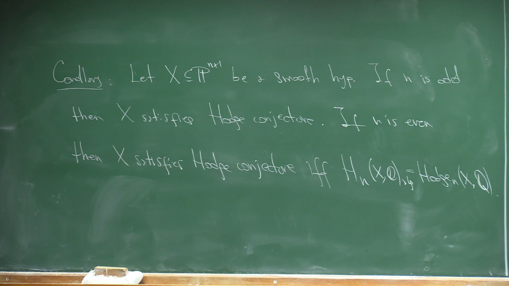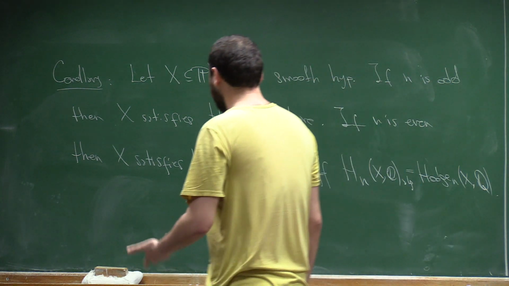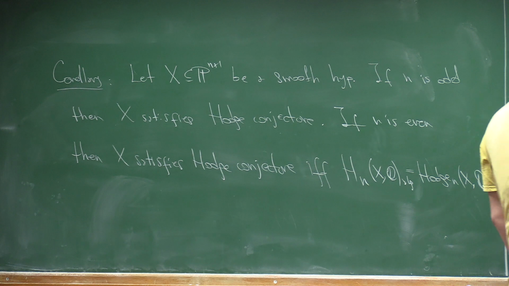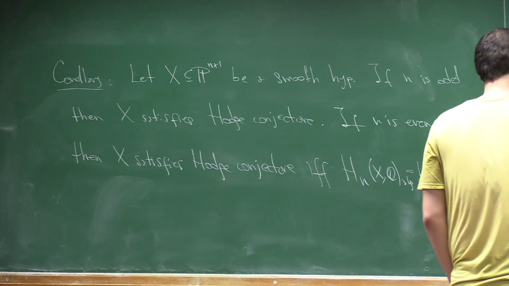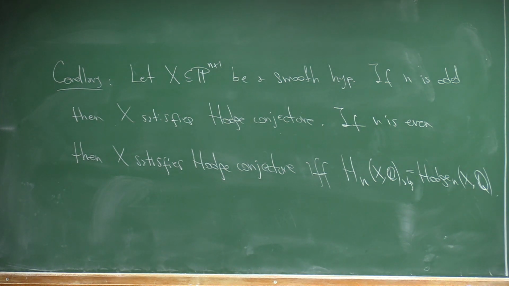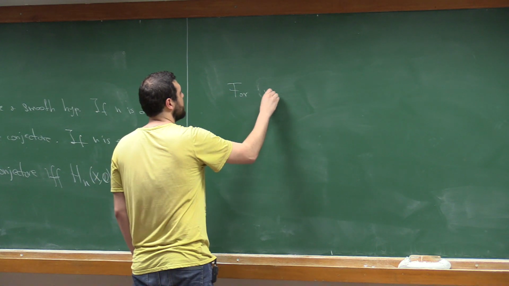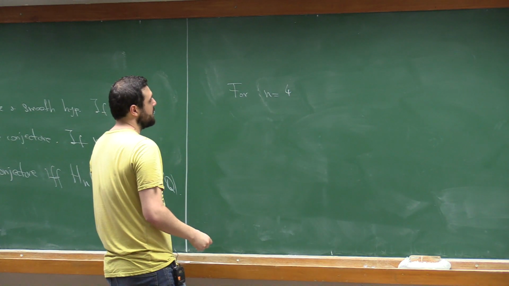Okay, so what time is it? I mean, just to tell you, well, the facts that we already know is that even for hypersurfaces, so for n equal to 4, right?